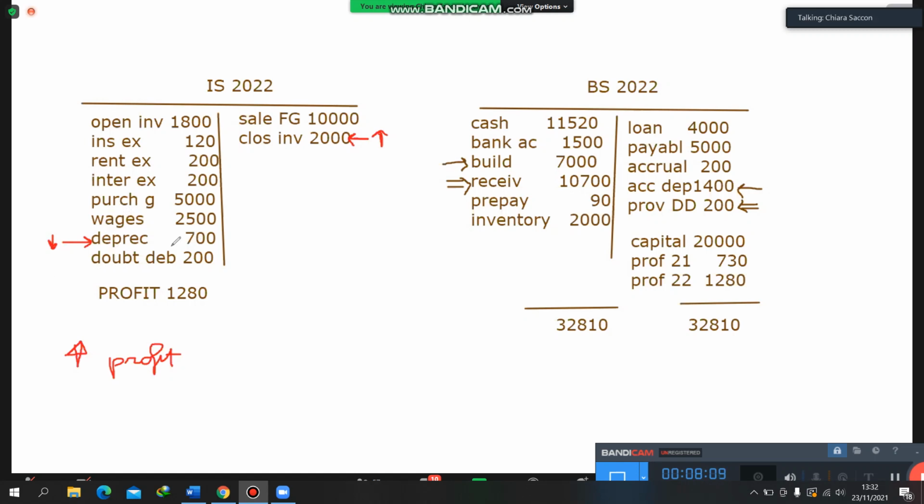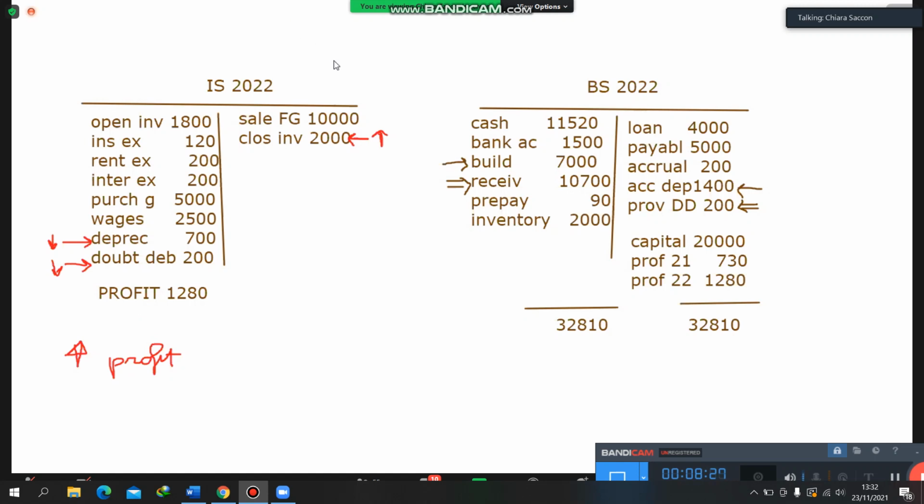So you make this lower, and also you make the doubtful debt lower. This will have a good effect, obviously, on the profit, making it higher.